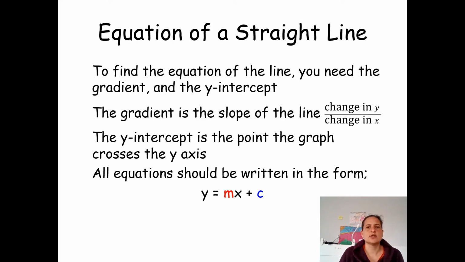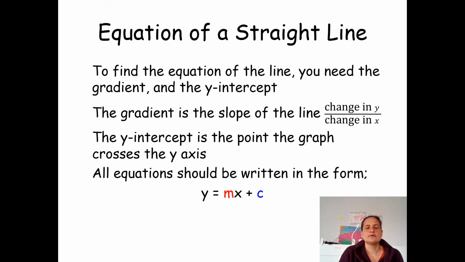So that's the slope and where the line crosses the y-axis, the vertical axis, the one that goes up and down. If we have those pieces of information, we can really easily write down the equation.